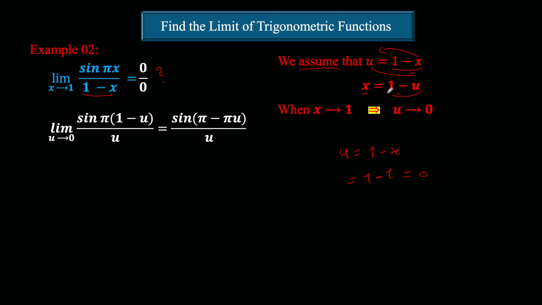So we write 1 minus u over 1 minus x, we already assumed that u is equal to 1 minus x, so it's substituted by u. And then we multiply p by 1 and p also again by minus u, we get sine p minus pu over u, okay?